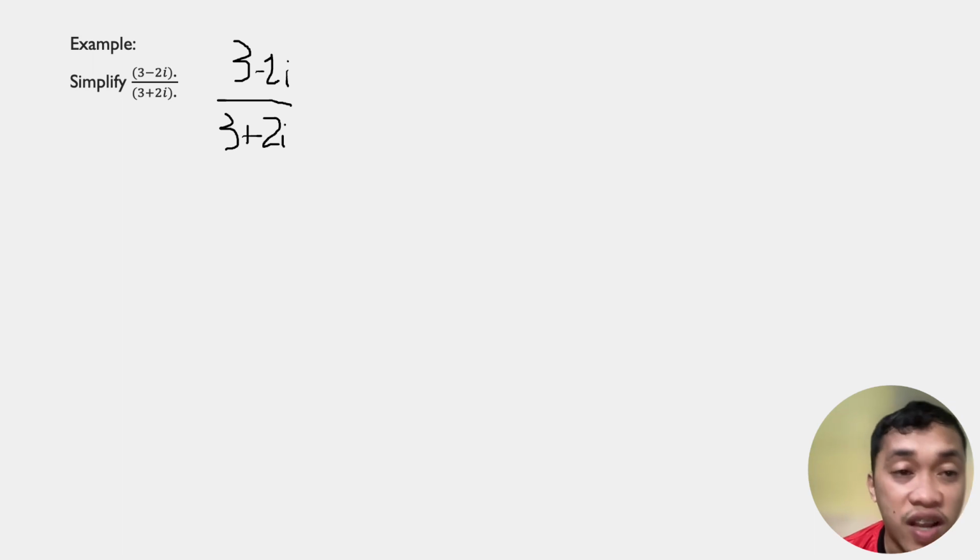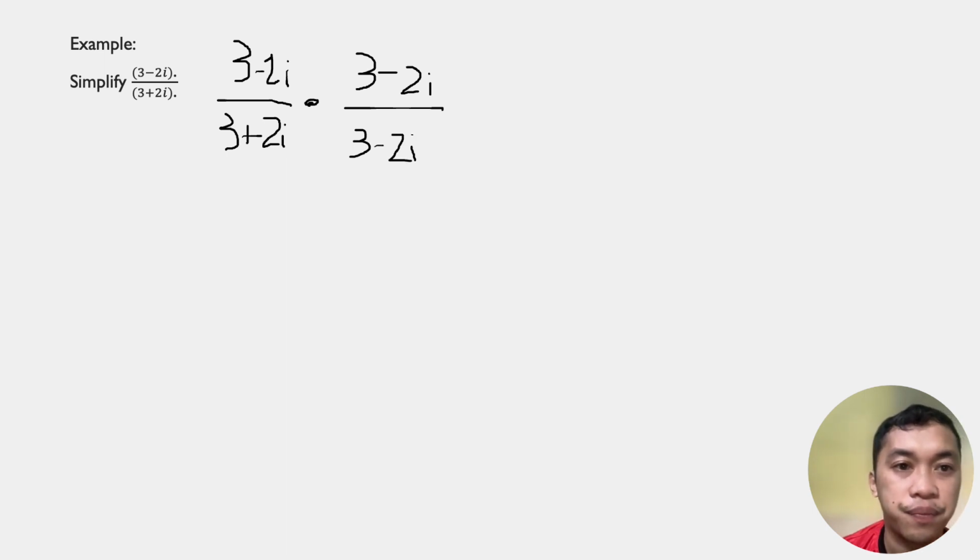We will multiply the whole term by the conjugate of the denominator. When we say conjugate, the sign is the opposite of the denominator. Since this is plus, we multiply by 3 minus 2i, over 3 minus 2i, both numerator and denominator.